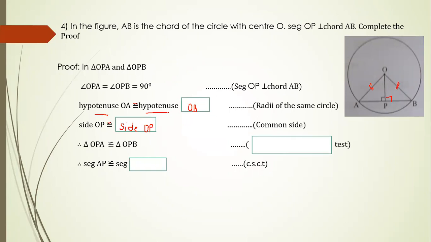So we have done the test of congruency in which it is given that if the two triangles are of 90 degree, means right angle triangle, and the hypotenuse are equal, then the triangles are congruent by hypotenuse side test. So here we will write hypotenuse side, and test is already written for us. Okay. So write the correct spelling also.